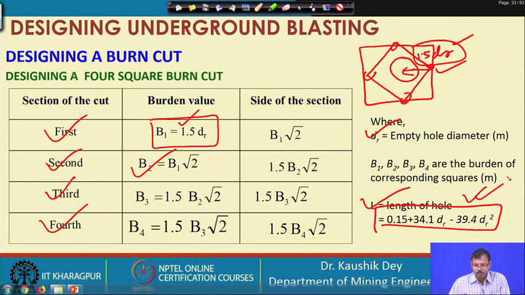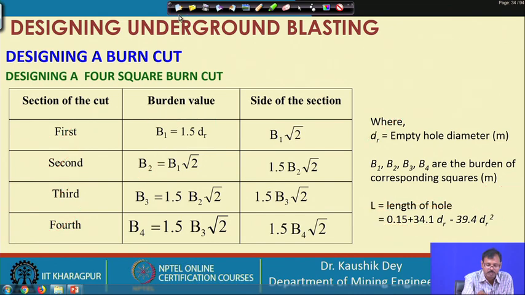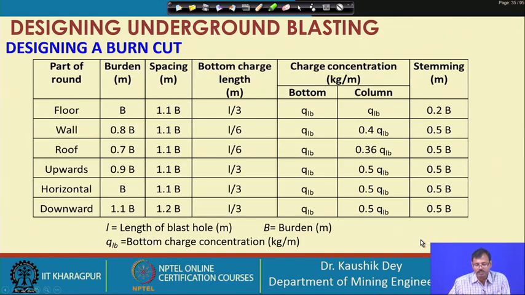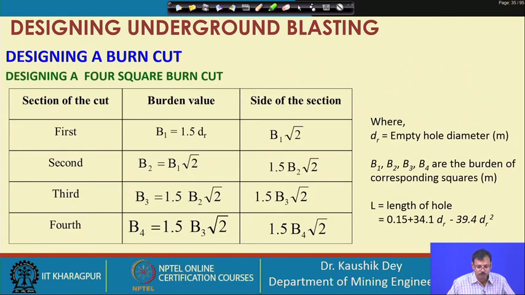This is important in the blast hole design for the cut area where 4 square cut is practiced. As per this, the design criteria is very simple for a 4 square cut using burn cut, and that makes the burn cut very popular.